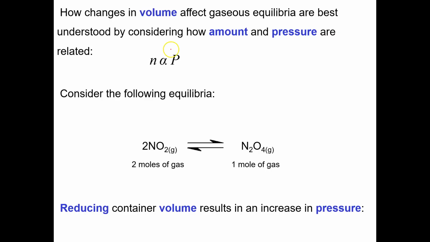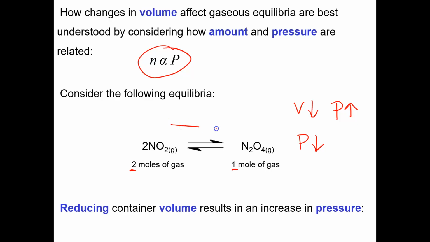But if we simply think about how the number of moles of a gas and its pressure are related, we can understand this system much more quickly. If we look at this equilibrium, we have 2 moles of gas forming 1 mole of gas as the reaction progresses. So if I reduce the container volume, the pressure will go up. How can I make the pressure go down?